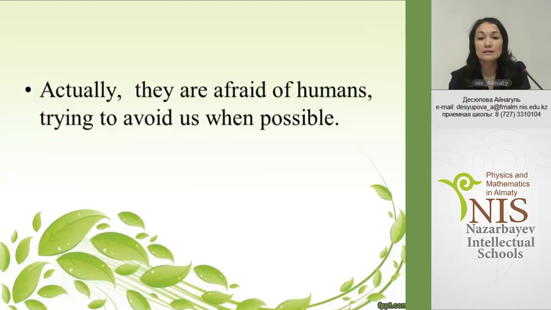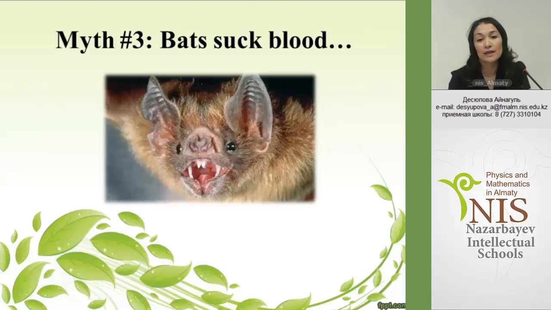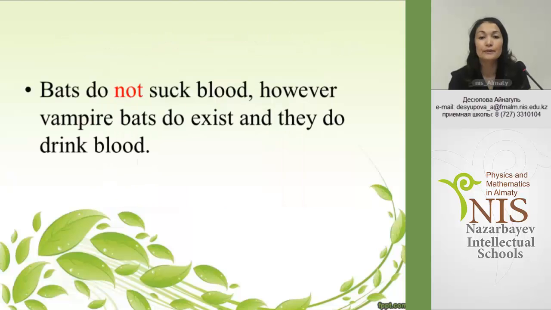The fact is, they are actually afraid of humans, trying to avoid us when possible. The next myth is that bats suck blood. Bats do not suck blood, however, vampire bats do exist and they do drink blood.